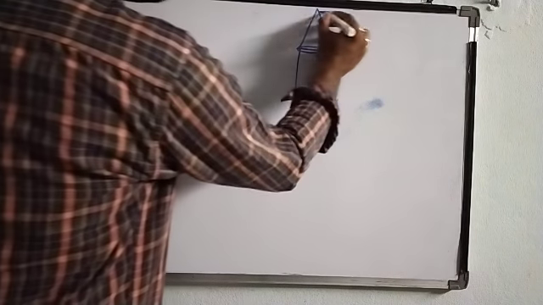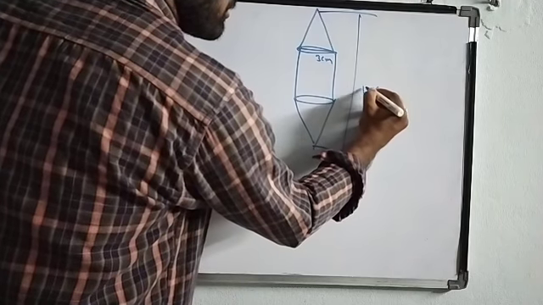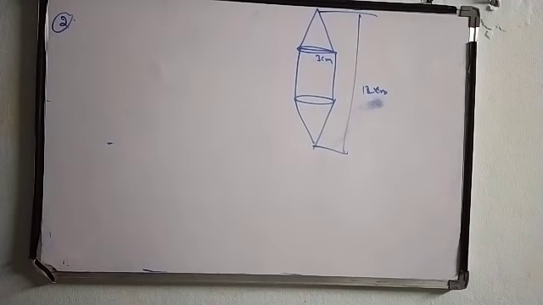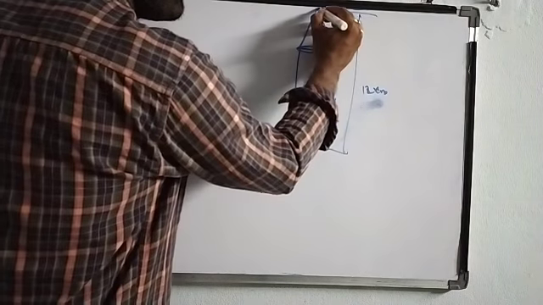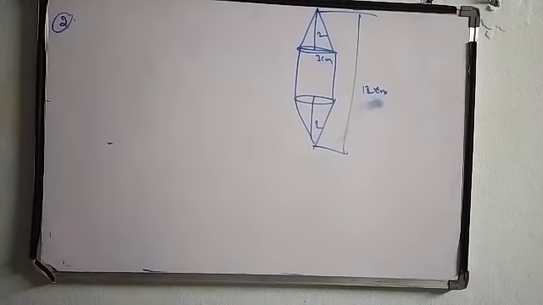Total length is 12 centimeters. Each cone has a height of 2 centimeters. Find the volume of the air. So we have to find out the volume of the air.